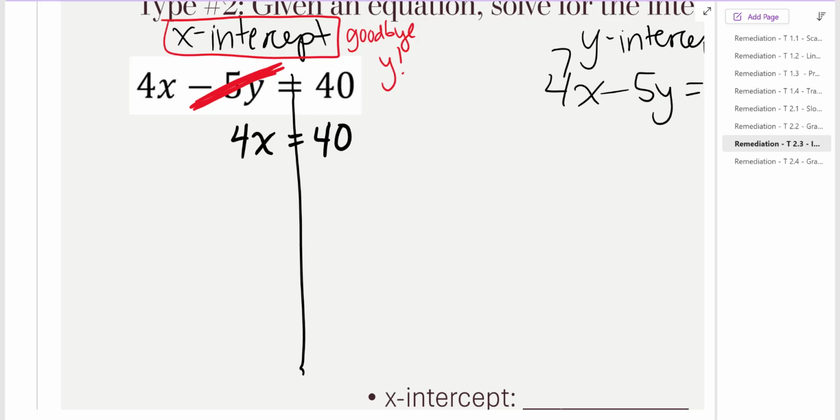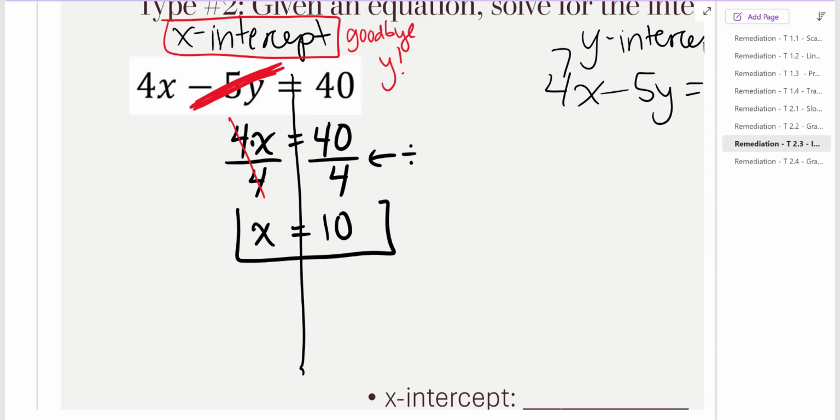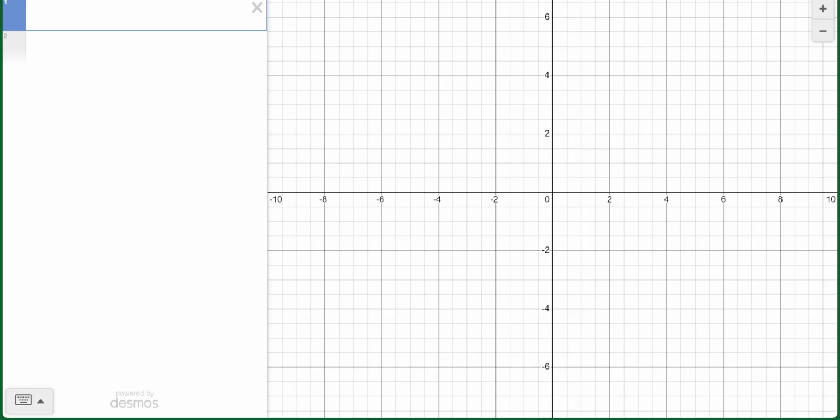So, 4x is multiplication. The opposite is division. Goodbye, 4. Okay, remember that line means division. So 40 divided by 4 is 10. And remember, if you want, you can check in Desmos.